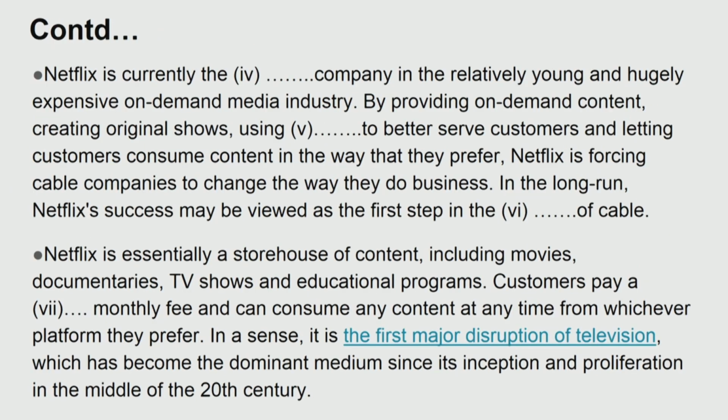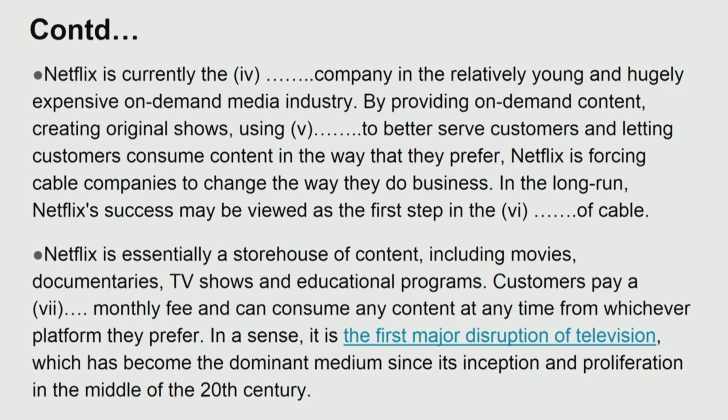Netflix is currently the dash company in the relatively young and hugely expensive on-demand media industry. By providing on-demand content, creating original shows, using dash to better serve customers, and letting customers consume content in the way that they prefer, Netflix is forcing cable companies to change the way they do business. In the long run, Netflix's success may be viewed as the first step in the dash of cable.